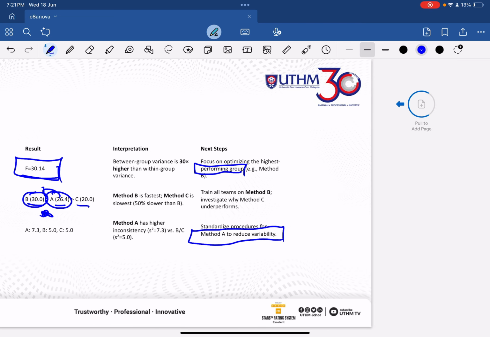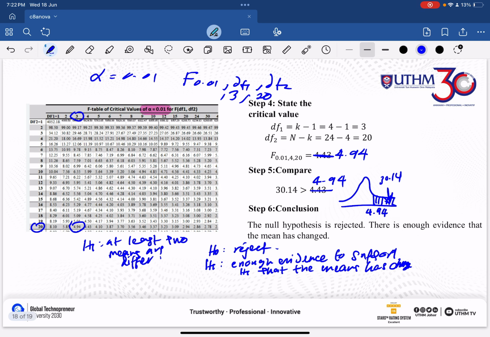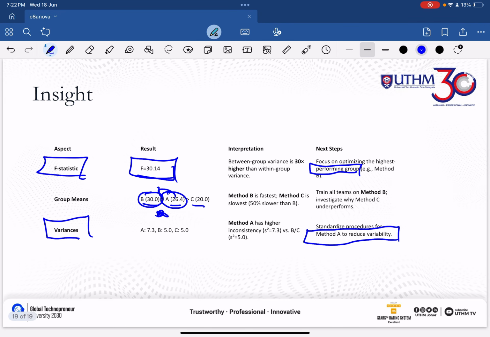Alright, so that is the reason why we do ANOVA. Okay, we want to see, for example, if we have a lot of methods, which methods have a similar pattern, similar value? If they have similar values, that means that the means are equal. So that means that all of the methods are equivalent in performance.